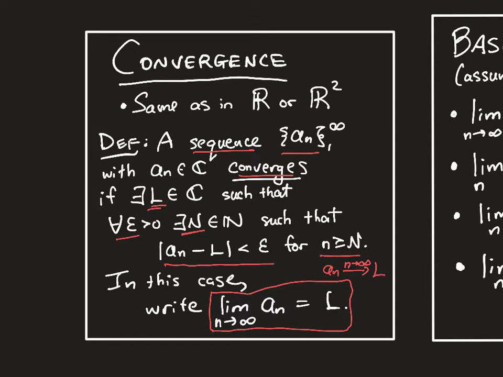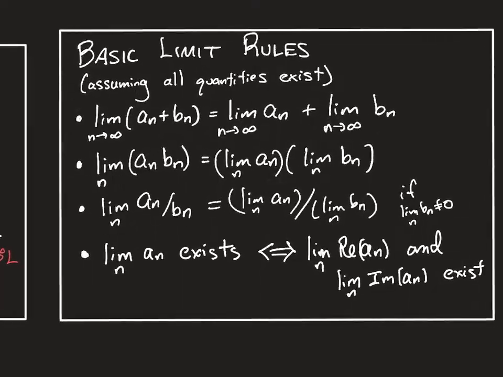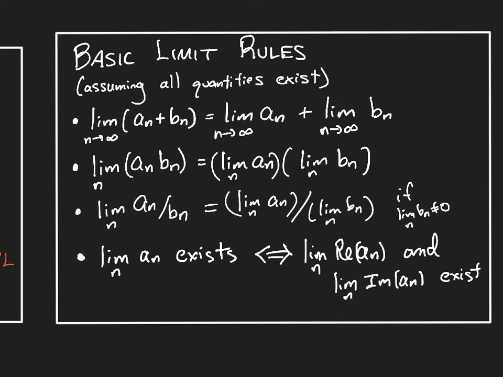Using this basic definition, you can establish, just as you would in a real analysis course, a bunch of basic limit rules. So here, assuming all of these quantities exist, you can prove that the limit of a sum is the sum of the limits. The limit of a product of complex numbers is the product of the limits, assuming both limits exist.